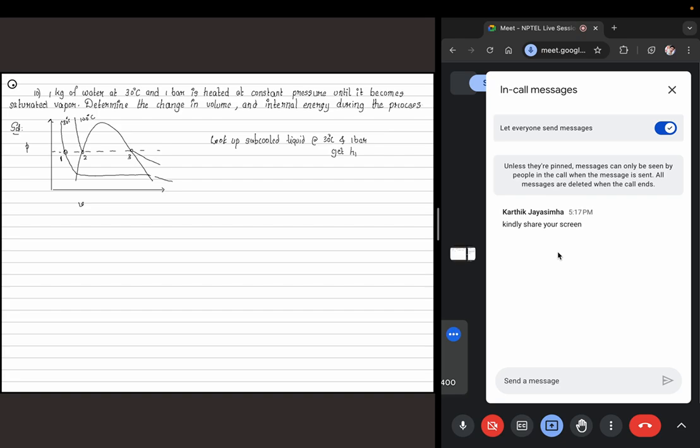Get H1, and then at 1 bar you can calculate H2 and H3.